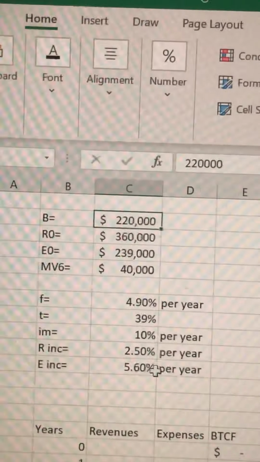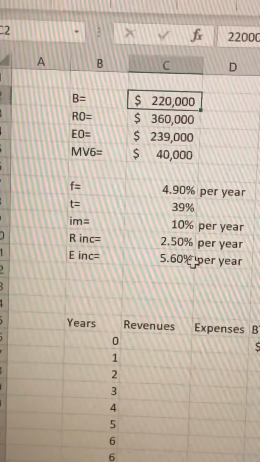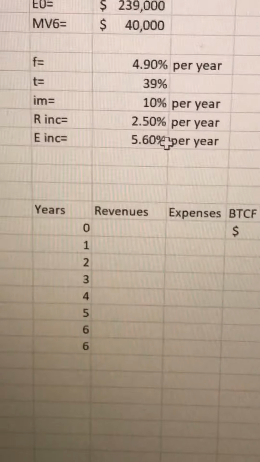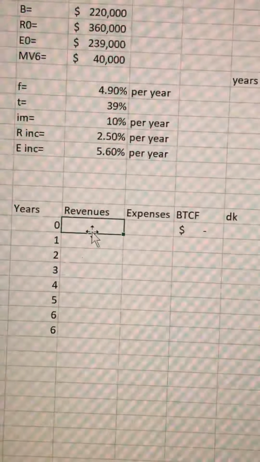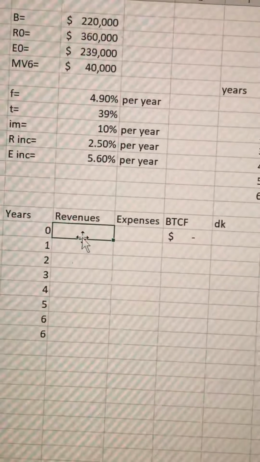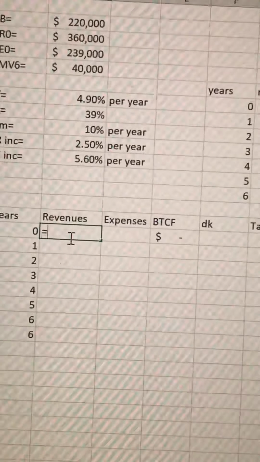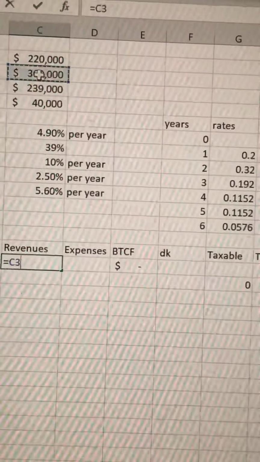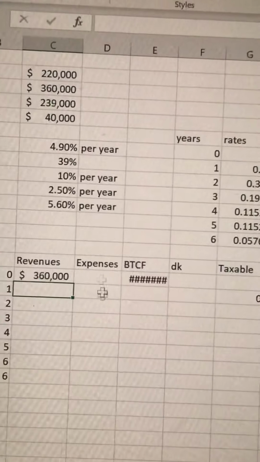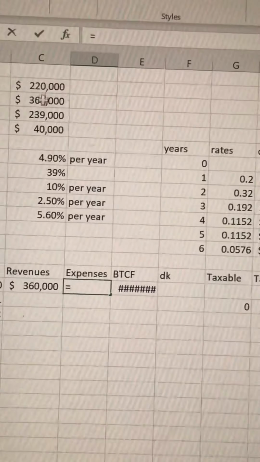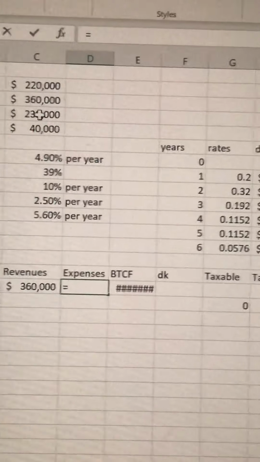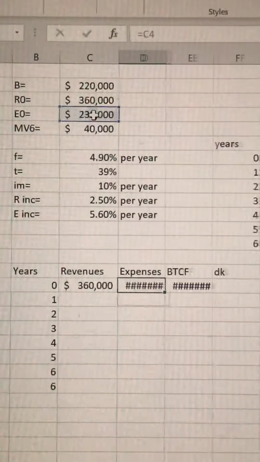So to do this, we're going to need to set up our revenues and expenses. This is the table we can start with. So for revenues, year 0, we're given this value. For expenses, we're given this value.